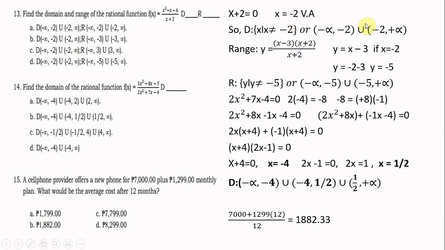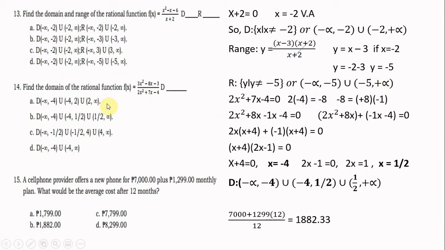So when x is negative 2, negative 2 minus 3 equals y equals negative 5. This is the restricted value of y. Therefore, our range is the set of y such that y should not be equal to negative 5, or on the interval negative infinity to negative 5, where negative 5 is not included in the value of y, union, negative 5 to positive infinity.